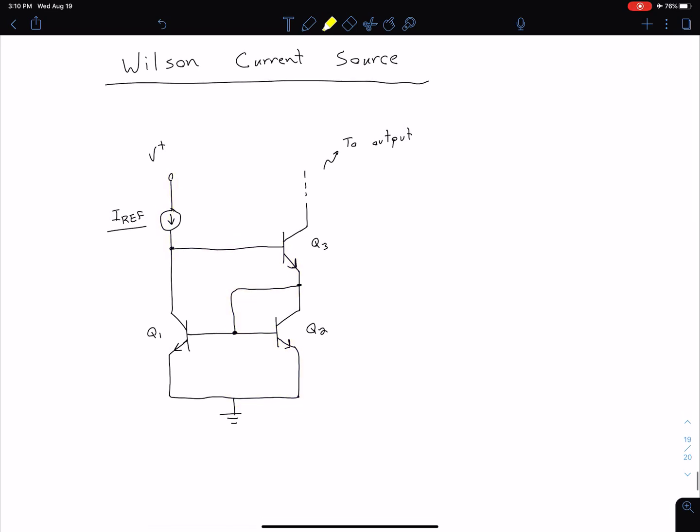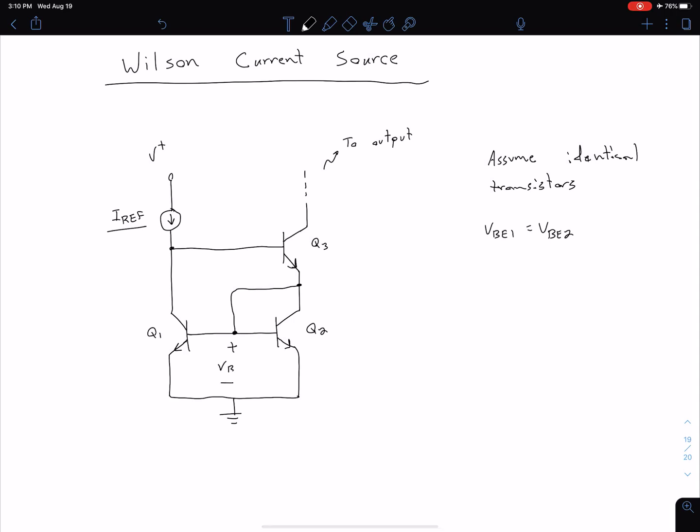Okay, so again, like we've done last time, we're going to assume that we have identical transistors. And so what that means is that we have VBE1 equals VBE2. We can see that just from down here.